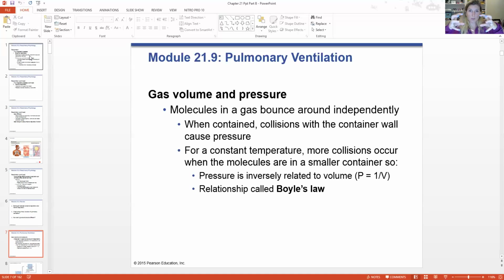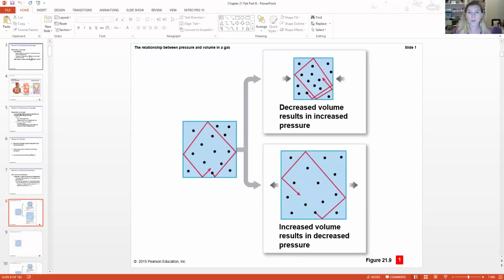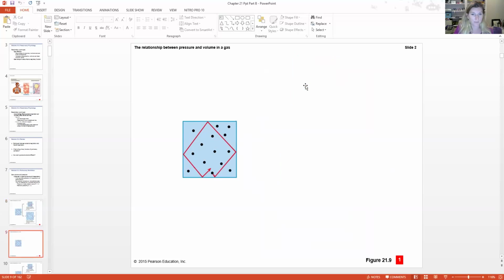If we were to shrink that container with those same 20,000 molecules, the amount of collision is going to increase. Therefore, the pressure has increased. So as our volume decreases, our pressure increases, and vice versa. That's called Boyle's Law. And here's just another visual for you. You see this lovely little box, and as that volume decreases, the pressure increases, and vice versa.